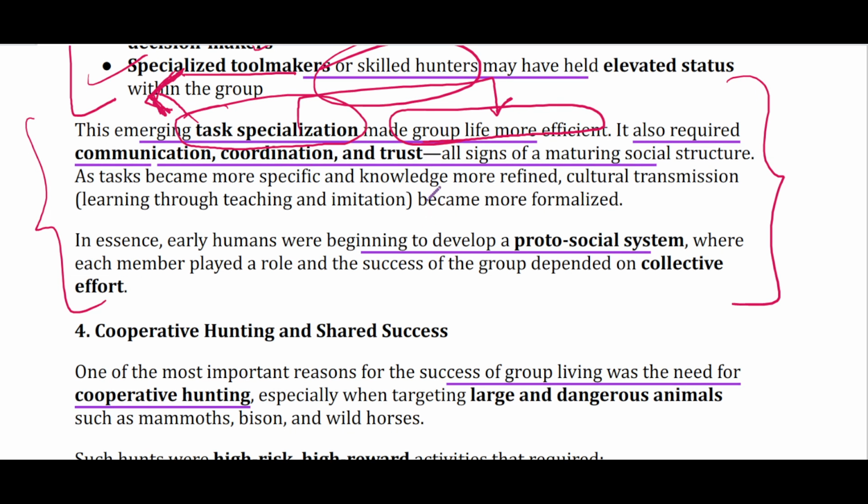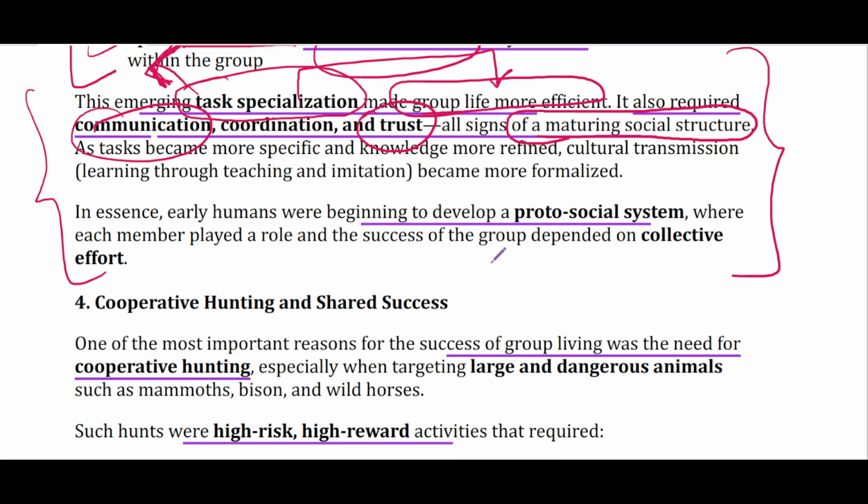Then task specialization alone was not sufficient, because this division of labor also needed coordination, and coordination needed communication and trust. So all of these are signs of a maturing social structure.